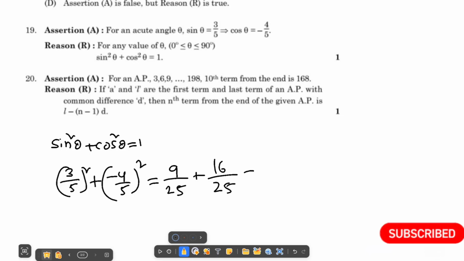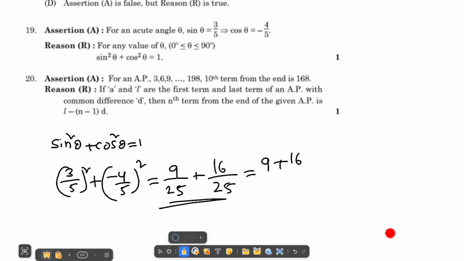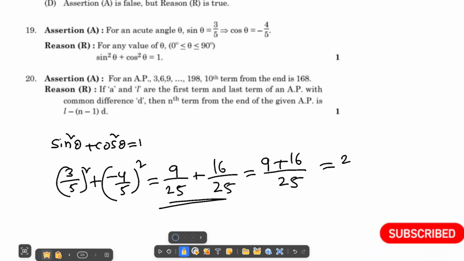The denominators are the same, so we can add the numerators: 9 plus 16 by 25, which is 25 by 25. So 25 cancels and it is equal to 1. So this assertion is true, because it satisfies the first identity.